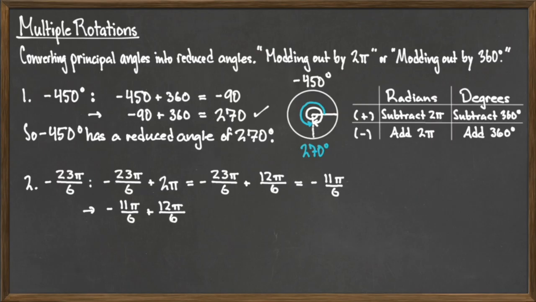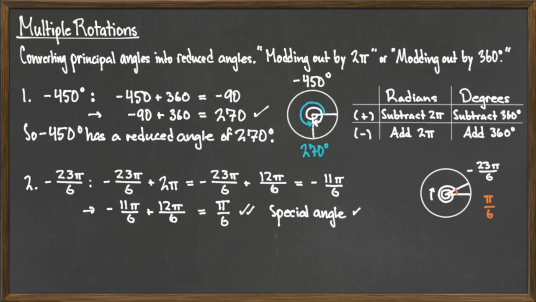This value is still negative, in other words, it's not between 0 and 2 pi, so I need to rinse and repeat my process. I'm going to add 2 pi again, or 12 pi divided by 6 again, to get the angle of pi divided by 6, which is one of our special angles, so I know that this positive value is between 0 and 2 pi.